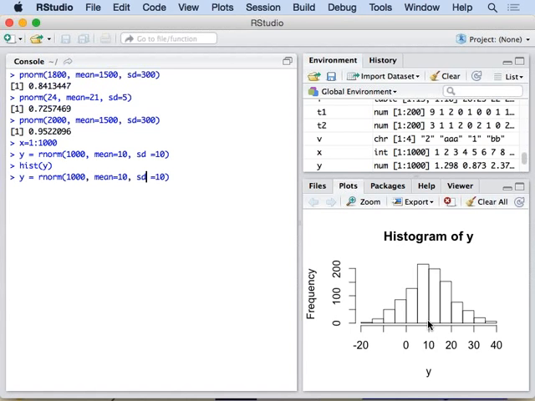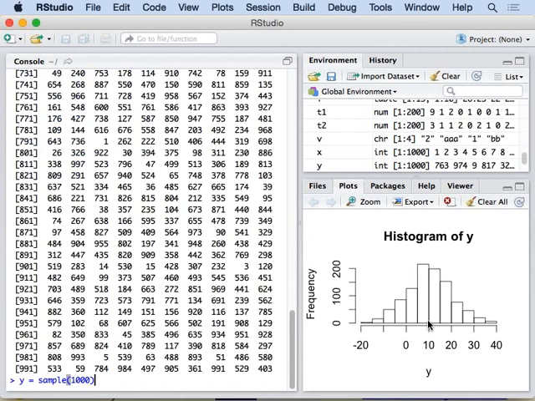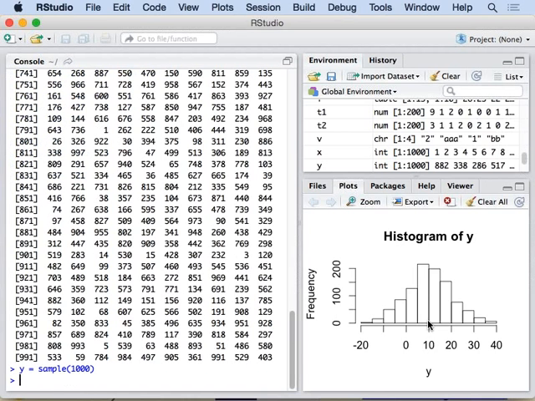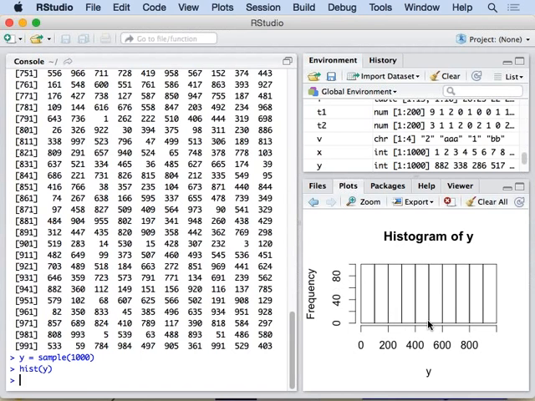Now at the same time, if I take a random sample of 1000 values and say histogram of y, it comes out equal. A sample is any random value, but it should be an exactly equal distribution.